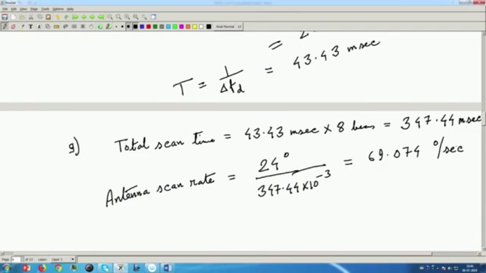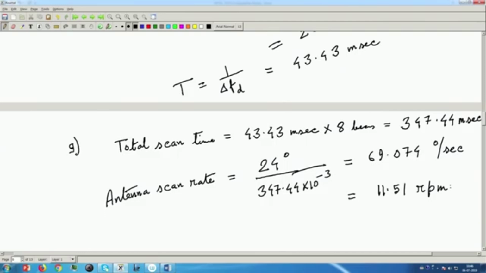So, you can easily convert this, one revolution means 360 degree. If you do that conversion, it will come to 11.51 RPM. So, you see that the antenna scanning rate is 11.51 RPM.